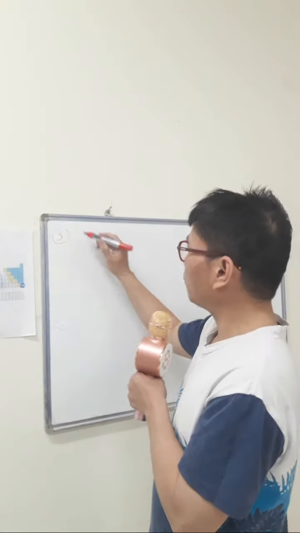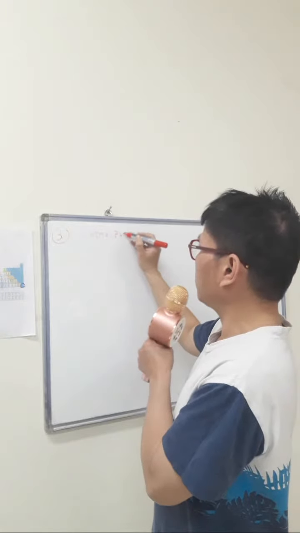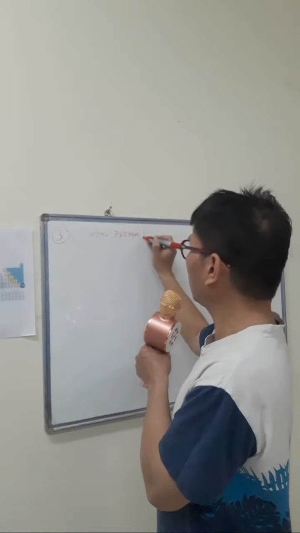Okay, atmosphere. One atmosphere is equal to 760 millimeters mercury.